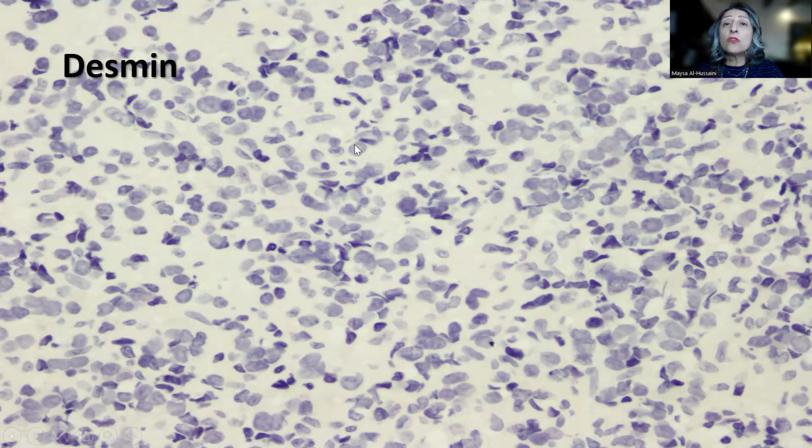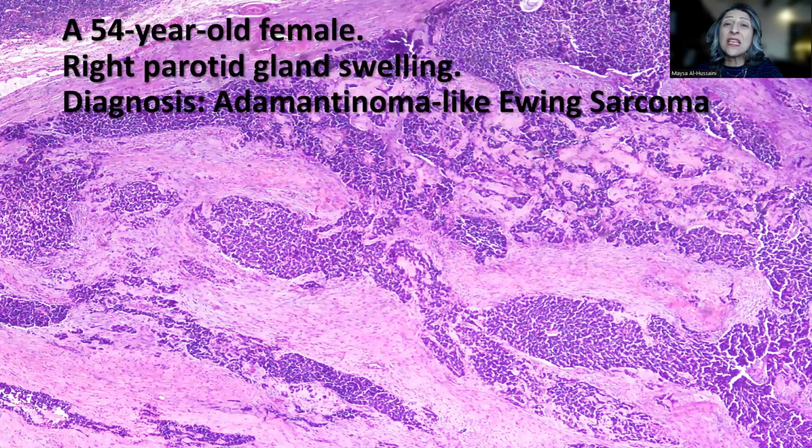Now, in order to confirm the diagnosis, you have to ask for some sort of molecular confirmation, either by molecular testing or by cytogenetics, for the EWSR1 translocation, which was positive in 100% of the tumor cells in this case. So the final diagnosis for this case is Adamantinoma-like Ewing sarcoma.